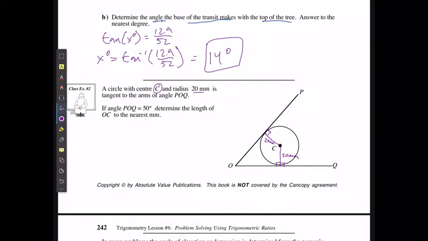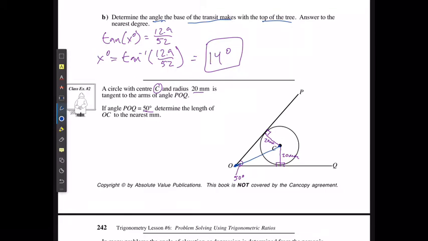If angle POQ, so the angle all the way through here, is going to be 50 degrees, then determine the length of OC to the nearest millimeter.